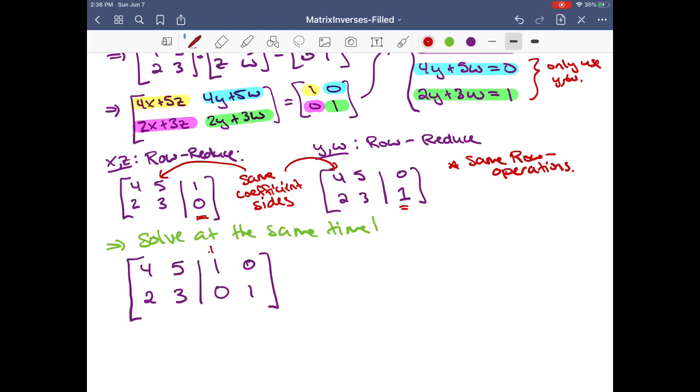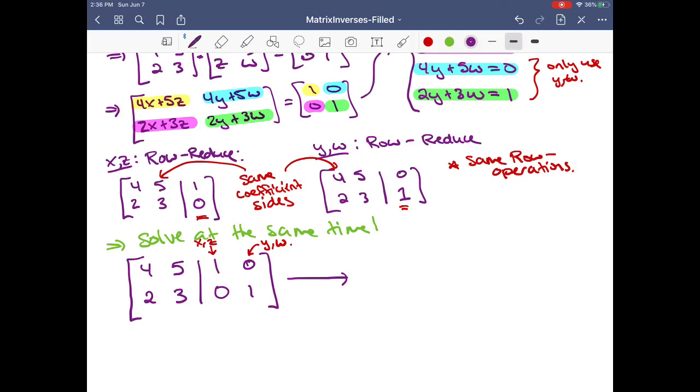This column is going to be for xz, and this column over here is going to be for yw. So at the end, we have to remember that we actually solved 2 different systems here. But we're going to row reduce just like normal. The rows are just a little bit bigger.